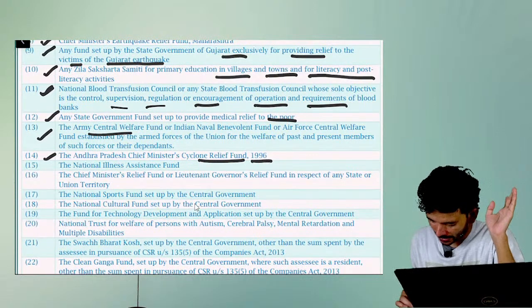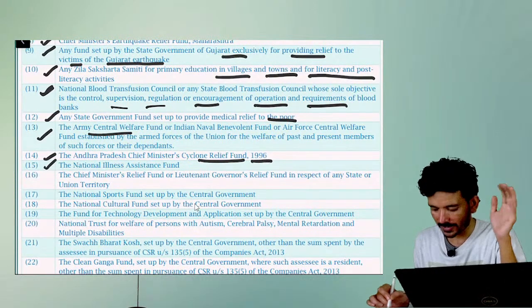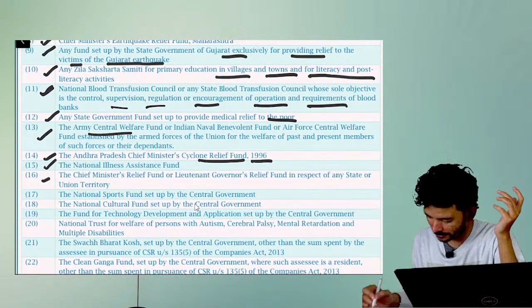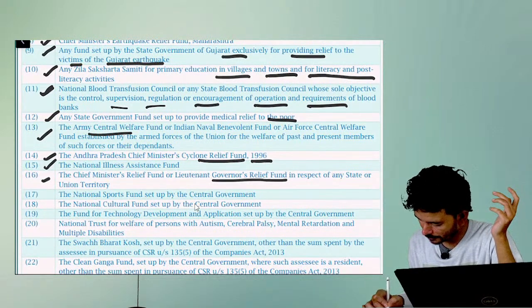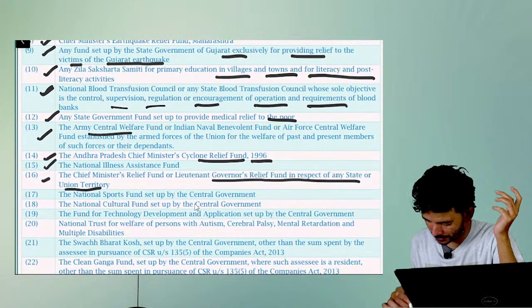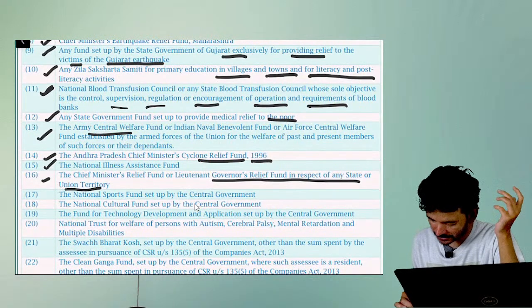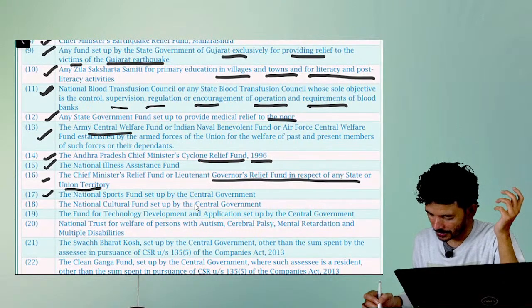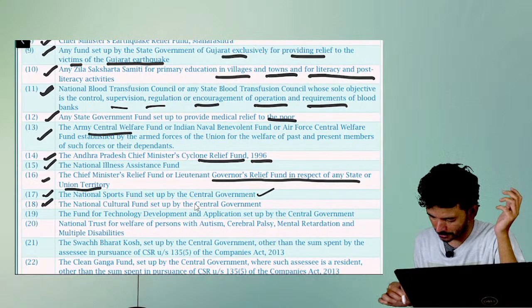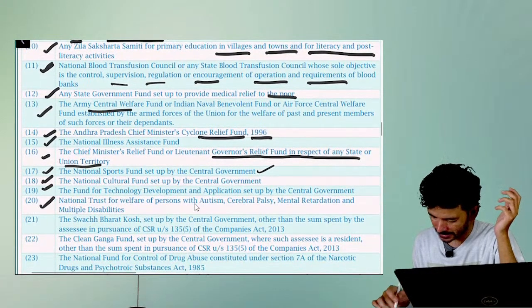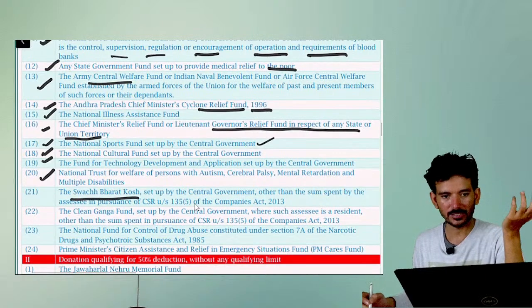And National Illness Assistance Fund, Chief Minister's Relief Fund, or any government relief fund in respect of any state or union territory. National Sports Fund, this is for sports, National Cultural Fund, National Fund for Technology Development, National Trust, Swachh Bharat Kosh. This is the latest addition, so there's a possibility that this might come. So remember, this is 100% without limit.